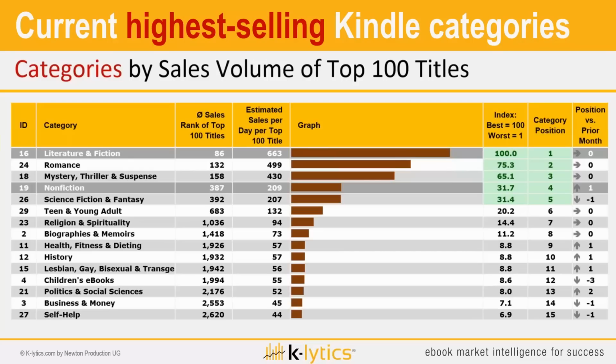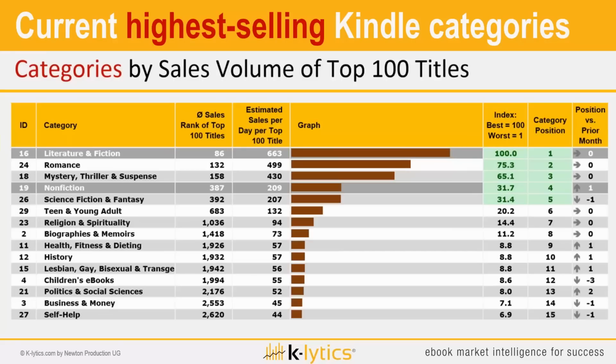You get to, well, what are actually the high selling categories on Kindle? And what people do not know is that the Amazon platform, probably also driven by the demographics of the typical Amazon Kindle reader, the highest selling ones are, well, literature and fiction is obviously a big umbrella category here, dark gray.